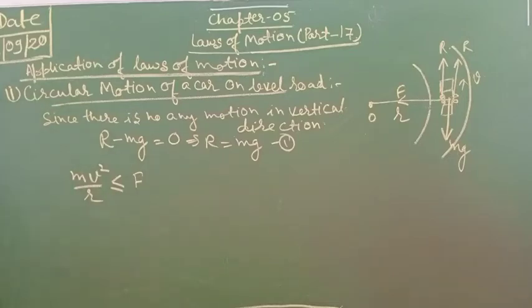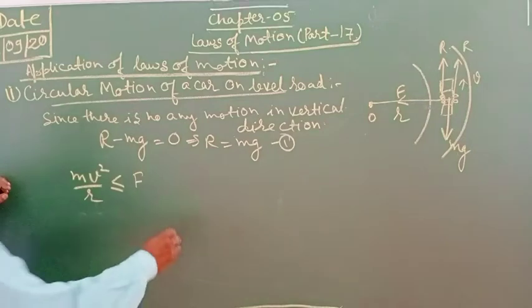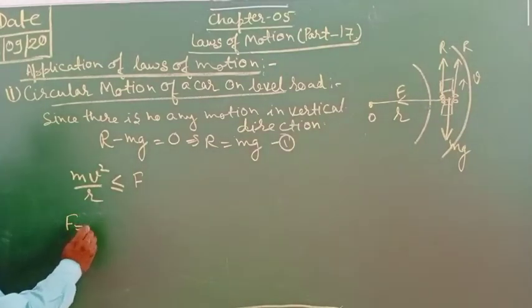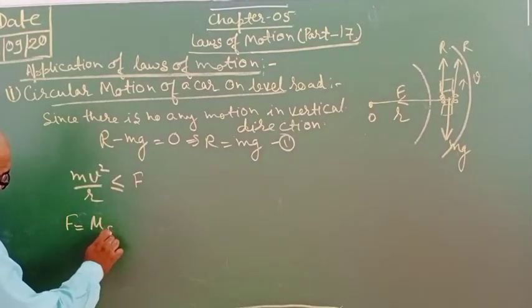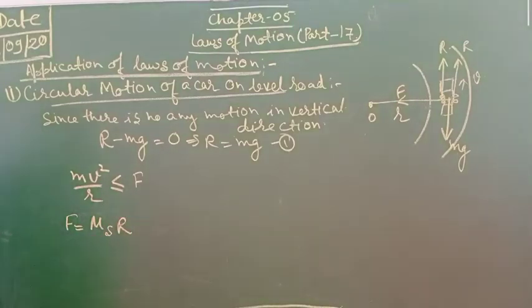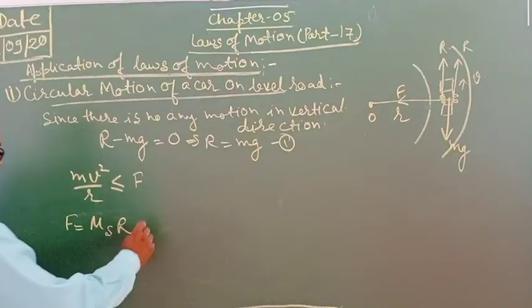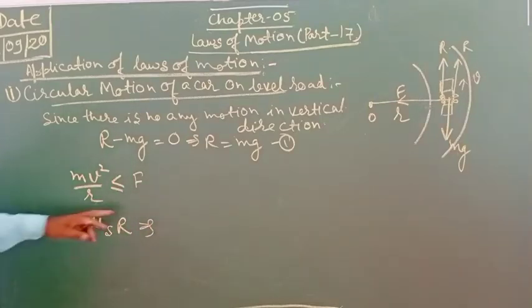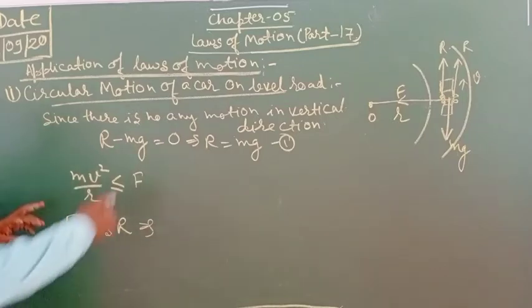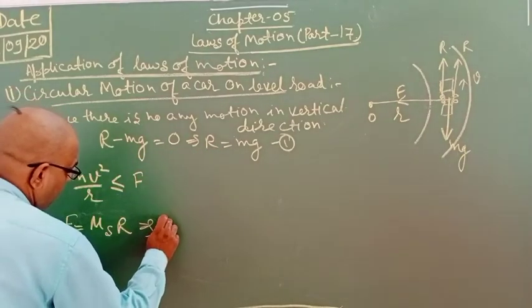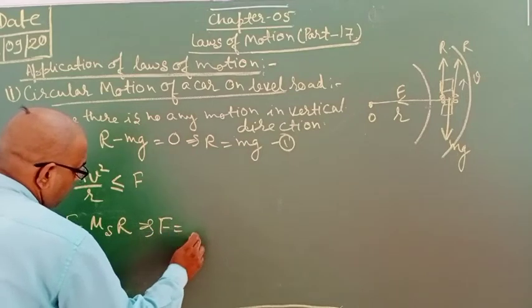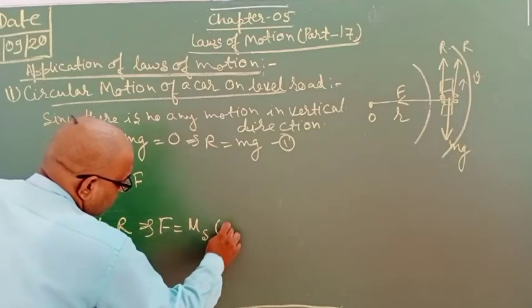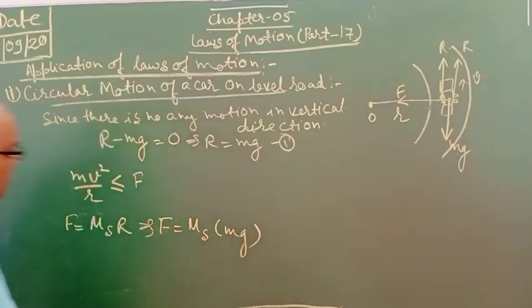And this frictional force is given by what? This frictional force F is given by mu s into R, in the case of static friction you had studied. R is the normal reaction we had calculated. So F is equal to mu s into mg.